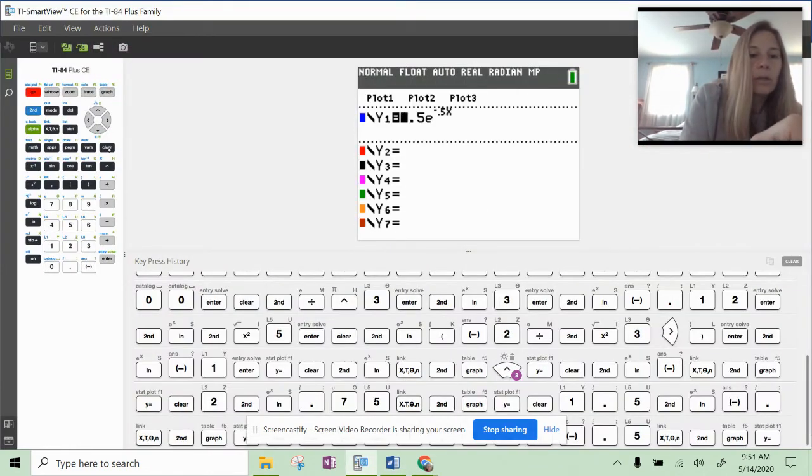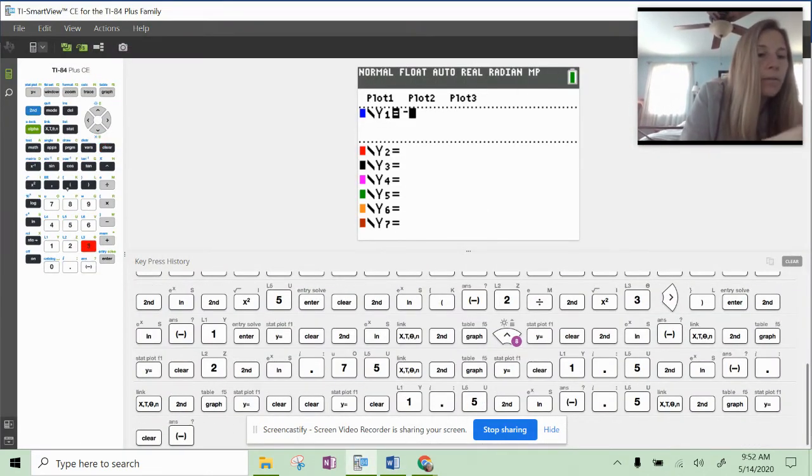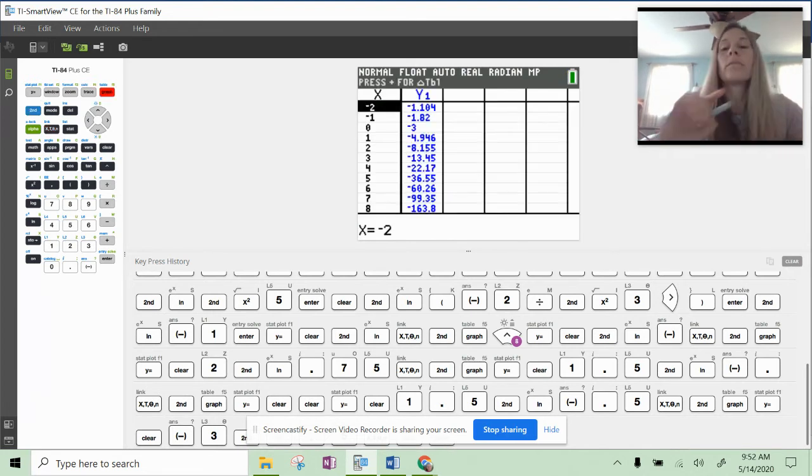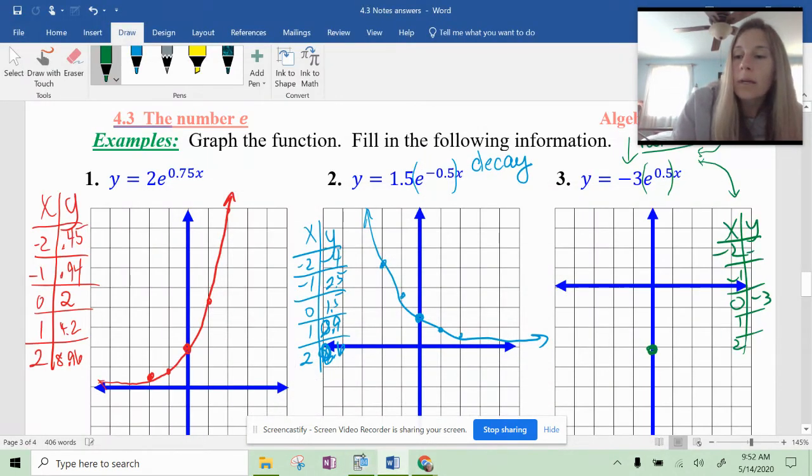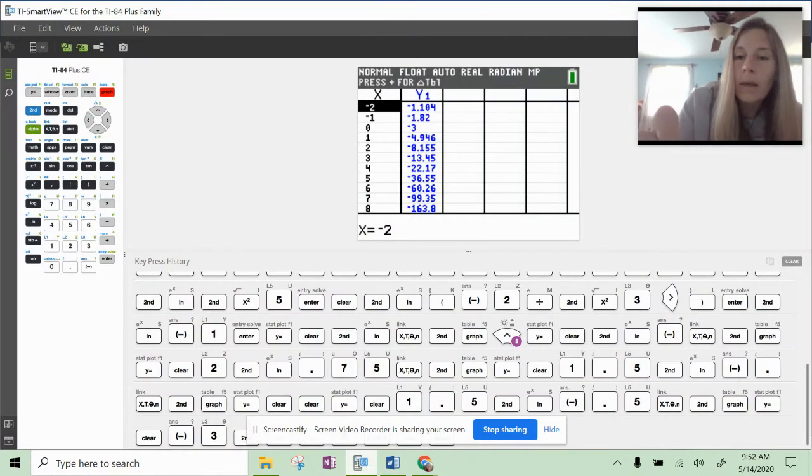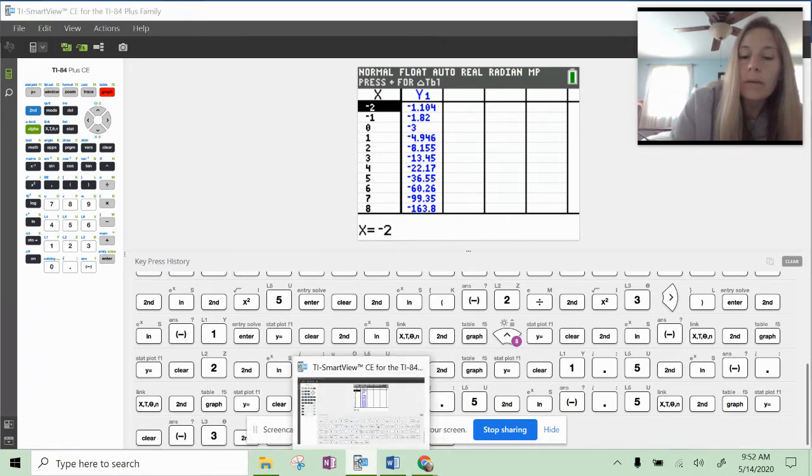And I'm going to put in -3 e raised to 0.5x. Go to my table. And I have -1.1, -1.8. So -1.1, -1.8. And then I have -4.9 and -8.